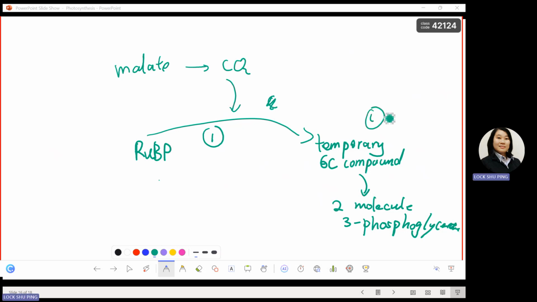Okay, forming a temporary 6 carbon compound, which immediately splits into 2 molecules of 3-phosphoglycerate is also 1 mark. This process is catalyzed by Rubisco, 1 mark.